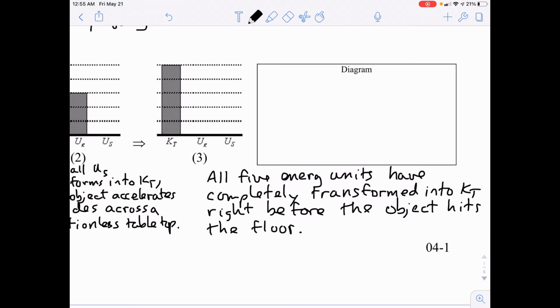We know this because we have a potential energy of 0, which means the object is right above the floor.